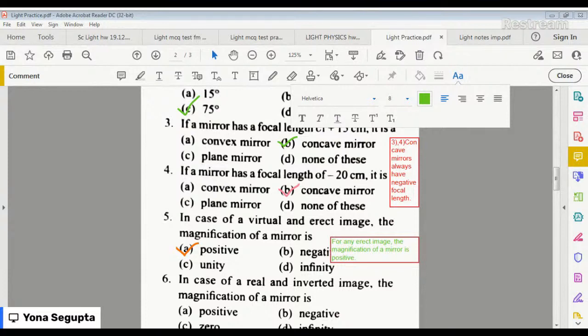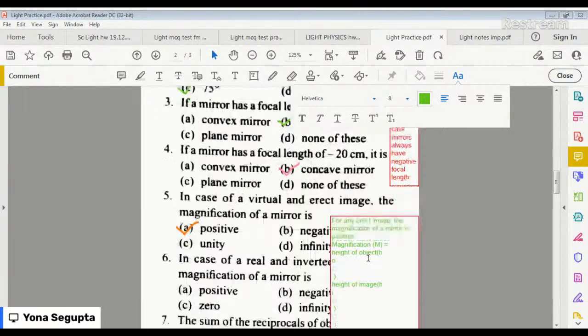There is a formula too. The magnification formula is the height of the image over the height of the object. So this is the formula of it.